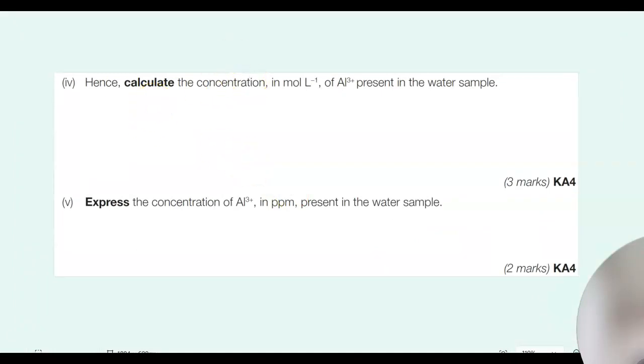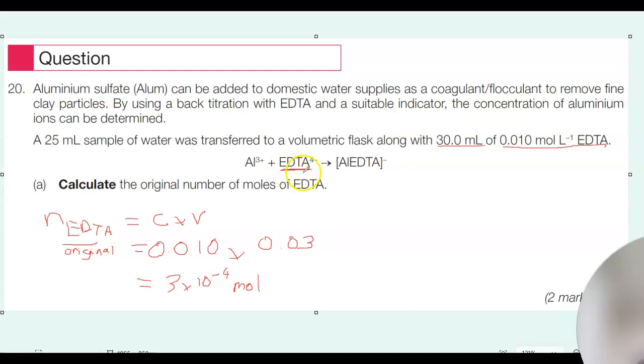Okay, so that's the EDTA that's reacted. So hence calculate the concentration in mole per litre of the aluminium ions present in the water sample. Okay, so first of all, we need the number of moles of aluminium in order to calculate the concentration. So let's go back to the original equation. It's a 1-to-1 ratio again. So 1 of these and 1 of these.